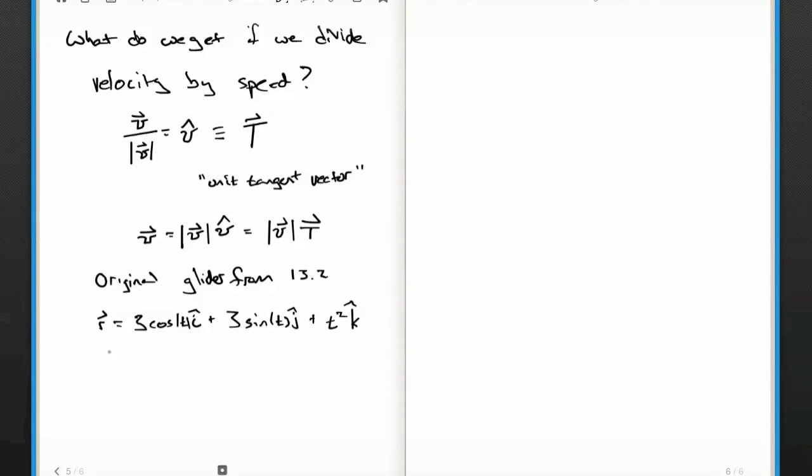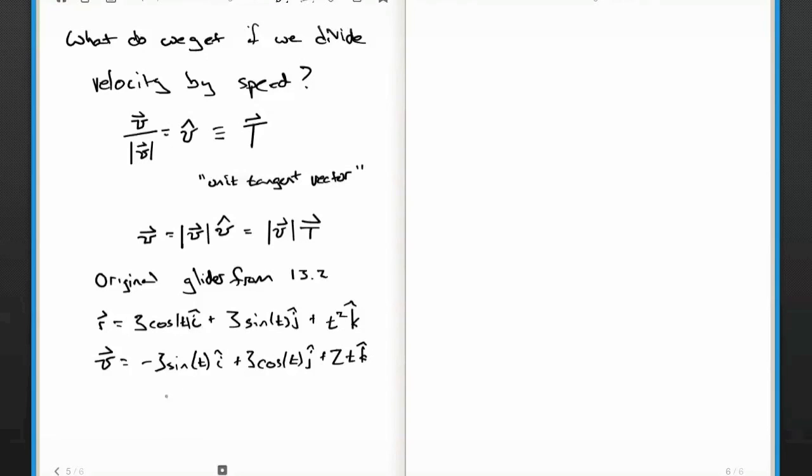And so now if I want to get the velocity of that thing, it's just the derivative of this, so that becomes negative 3 sine t i, and that becomes positive 3 cosine t j, and what does this become? 2t k, like that.